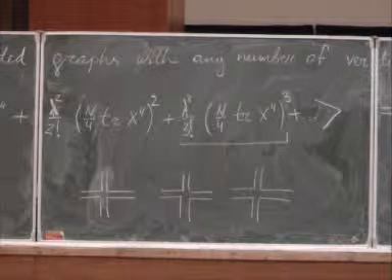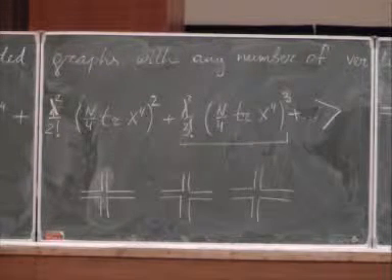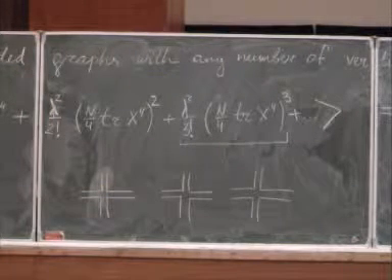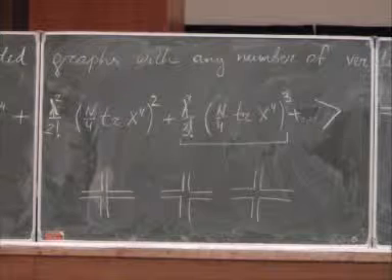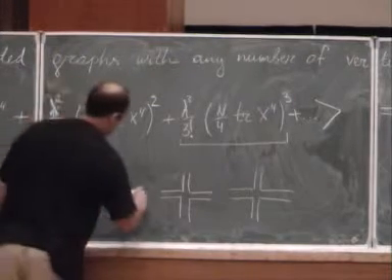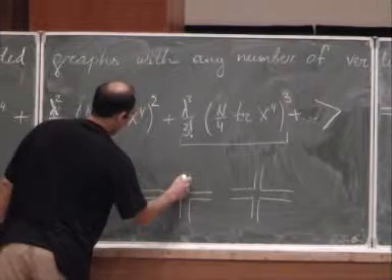Now I have to choose a pairing between, well, every half edge here represents a variable x_ij. Now I have to choose a pairing between these variables. So I can choose a pairing, something like that.